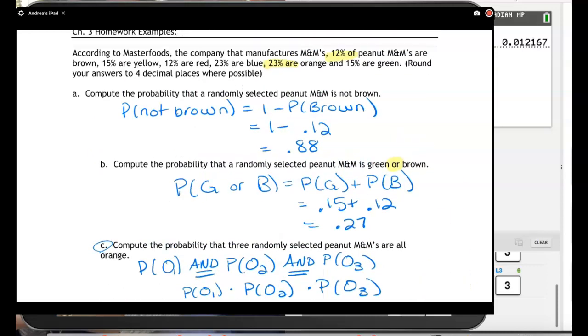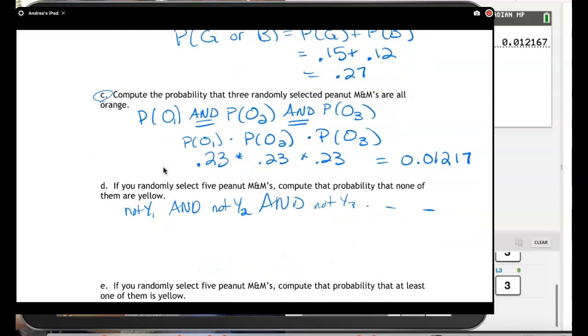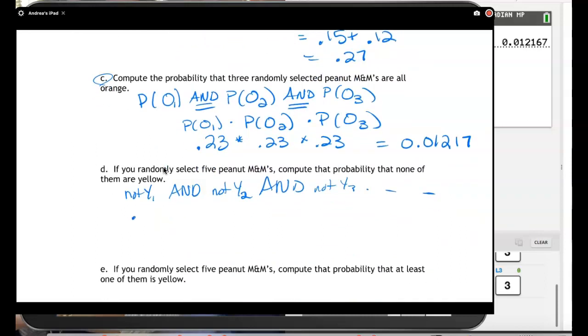So the probability of not being yellow, up here I know 15% are yellow, right? So not yellow is the complement of that. So that's 1 minus 0.15 or 0.85. So not yellow is 0.85. So I have 0.85 times 0.85 times, and I'm going to do this 5 times, or you can raise it to the 5th power.